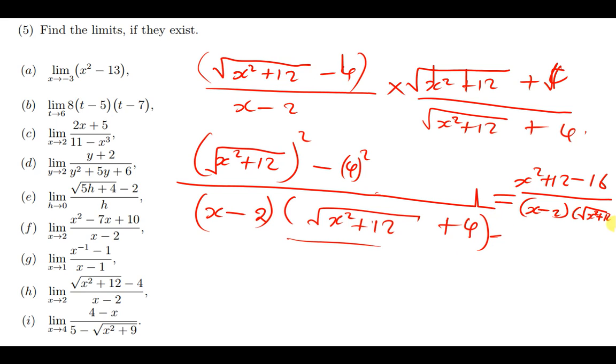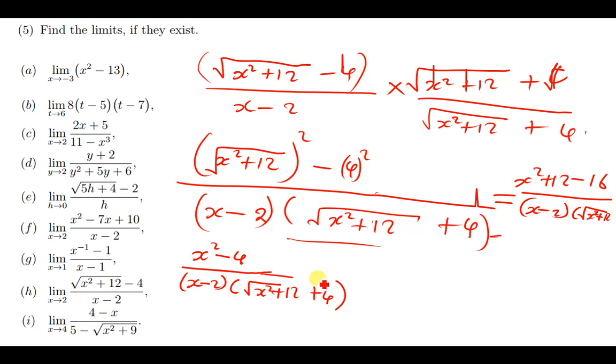Okay, so after doing that, we can see that 12 minus 16, the answer is negative 4. So I'm going to have x squared minus 4 there, everything divided by this expression. So I have x minus 2, then open brackets, the square root of x squared plus 12, then plus 4.